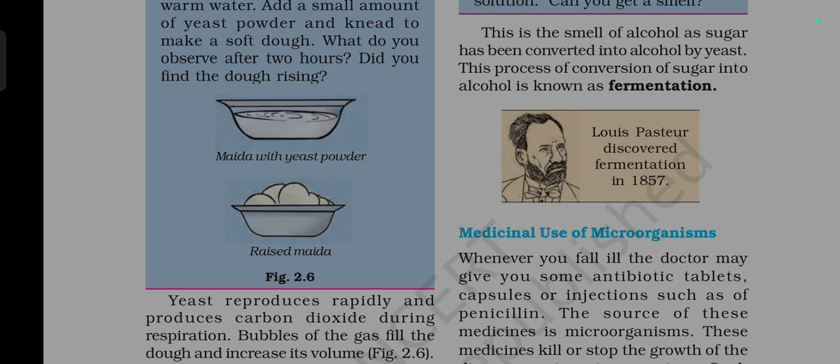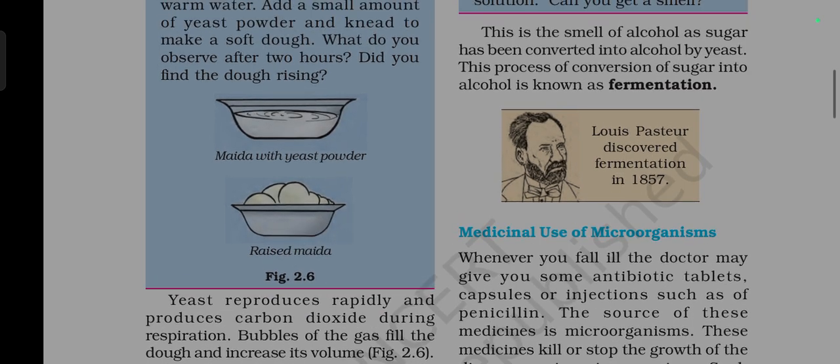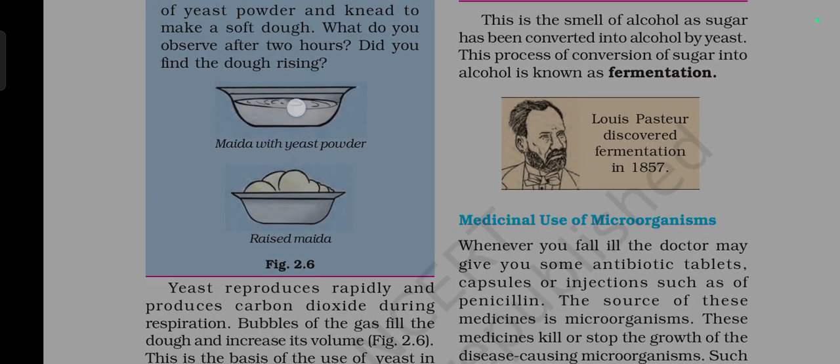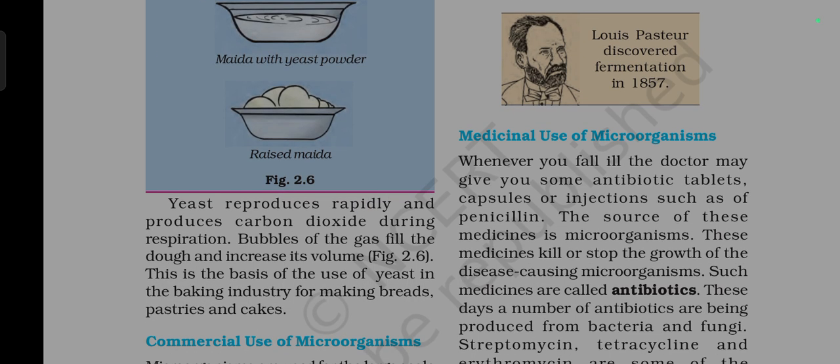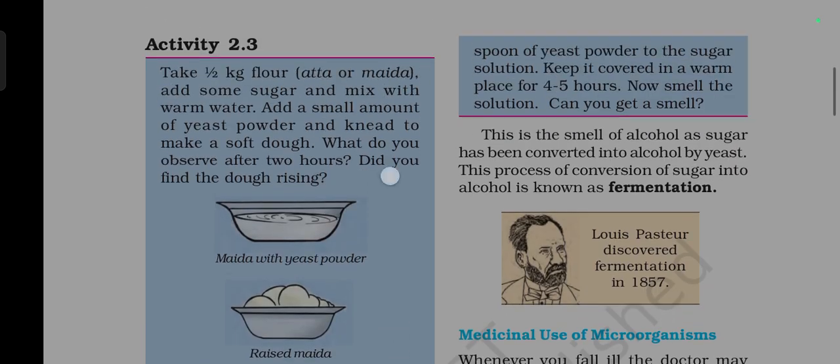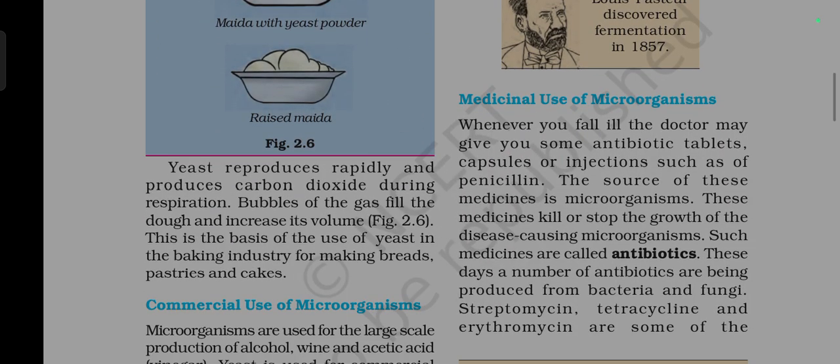Maida with yeast powder, raised maida. These are the pictures. This is the previous picture, and after some time you will see this kind of scenario. Now this is the activity you have to do at your home.